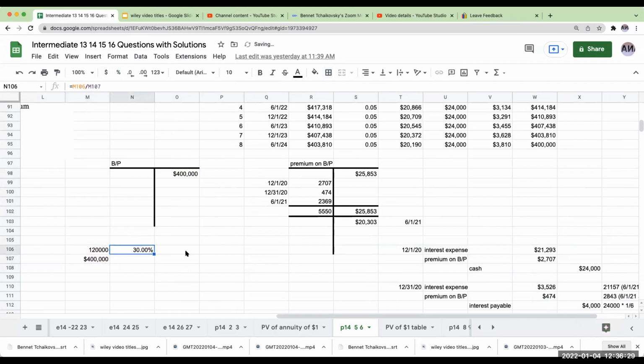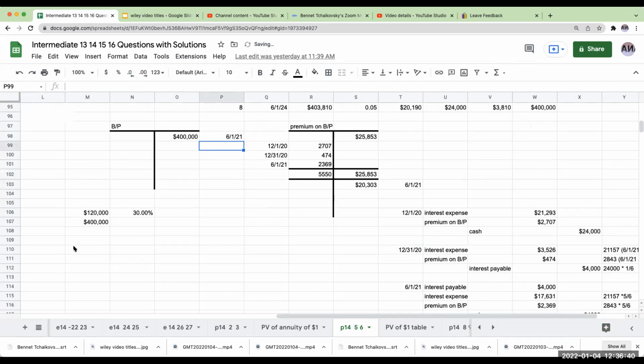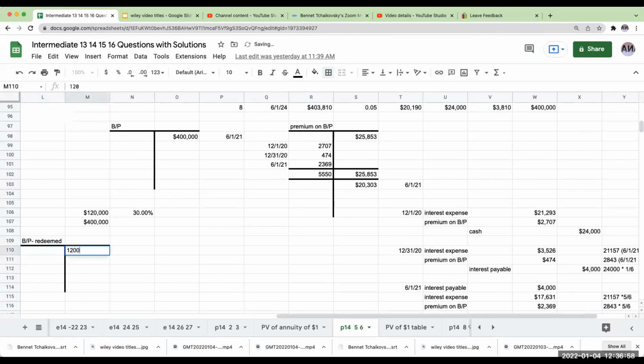So as a percentage, I'm redeeming 30% of my bonds payable. If this was my balance on 6/1/21, I'm going to split this up. I'm going to say bonds payable redeemed, and this is going to be 120,000.